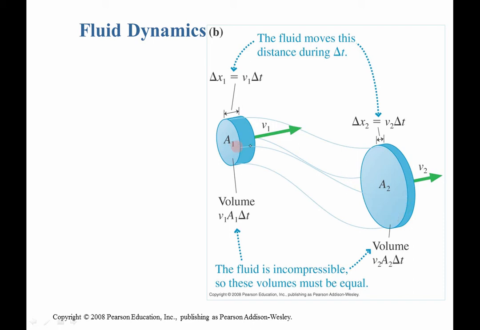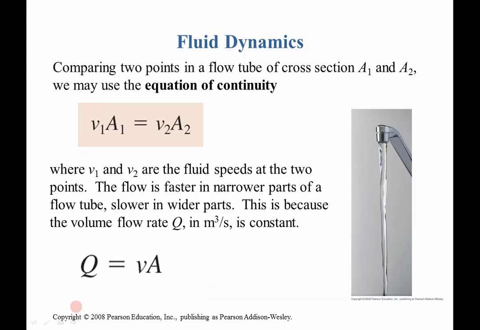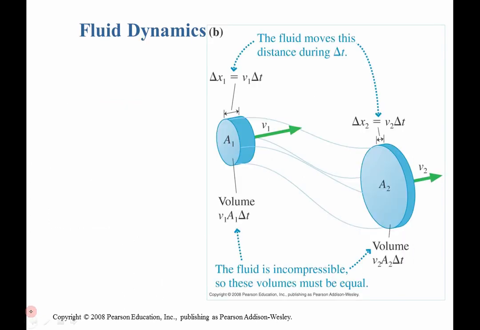So the fluid that you have here has to be equal to the fluid that you have here. We can put those two equations together and we get the equation of continuity, which says that V1A1 is equal to V2A2. And all it's saying is that if you get a liter coming in here, you have to get a liter going out here.